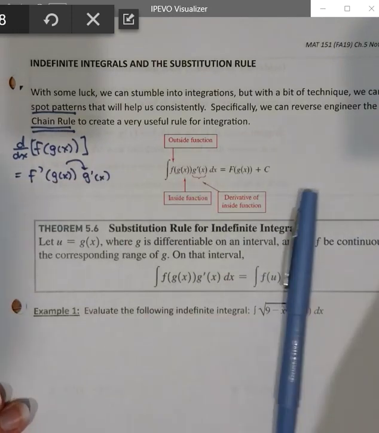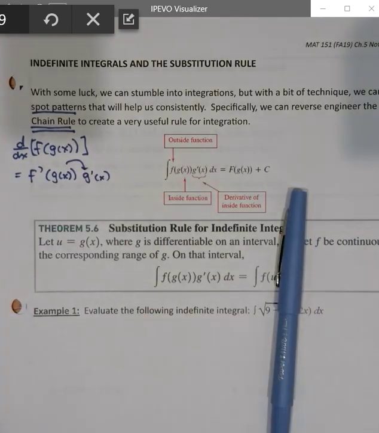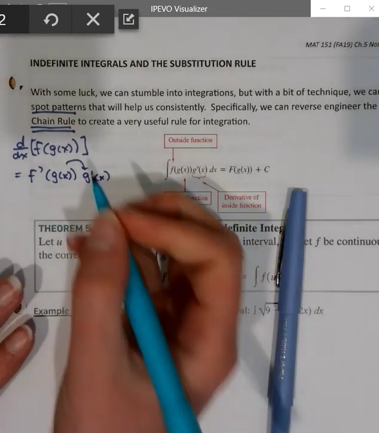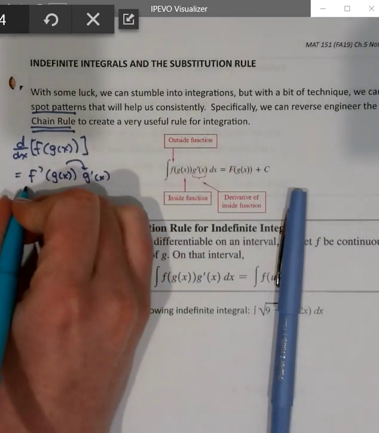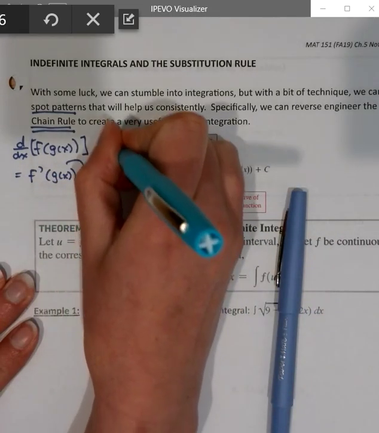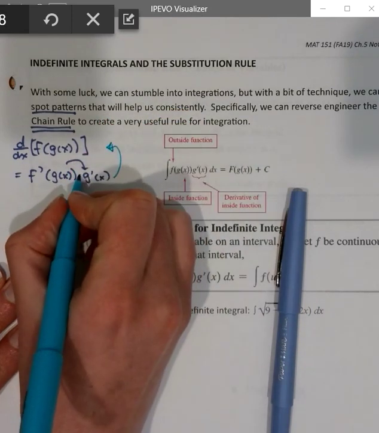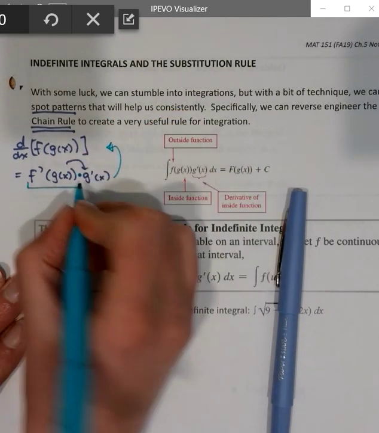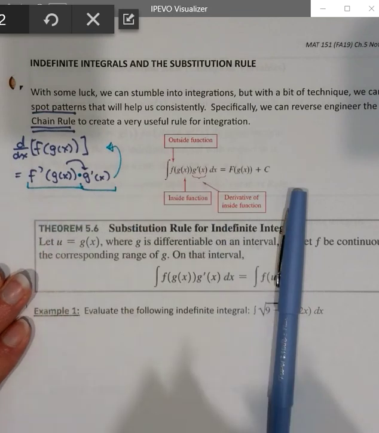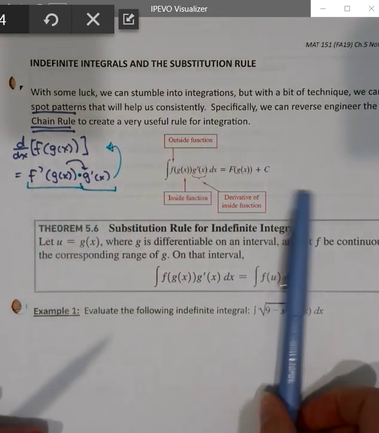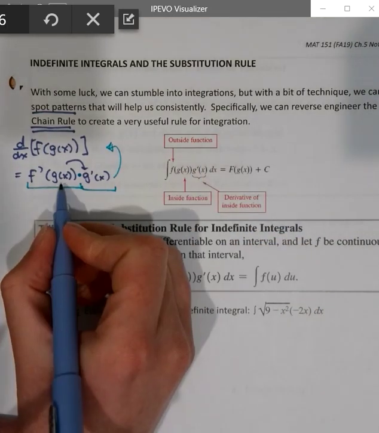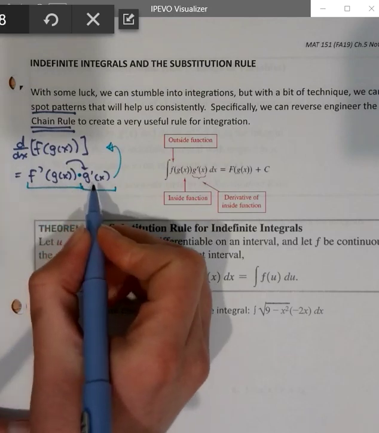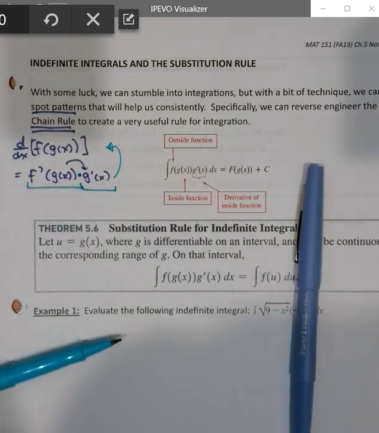So if I have something that needs to go backwards from the answer of a chain rule back to the original, it's going to be a product. First of all, I'm going to have a function multiplied by another function, and there's going to be an inside function whose derivative is outside. So I need that specific pattern. So that's what they're saying right here.